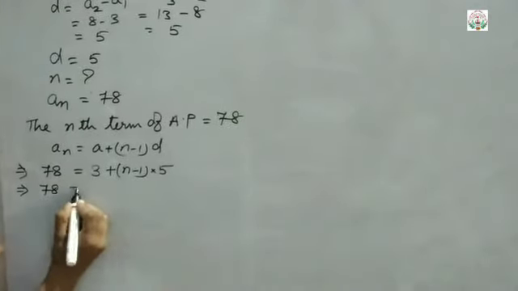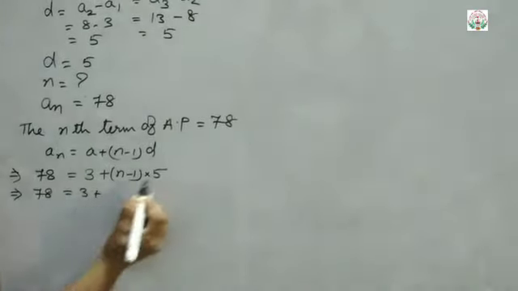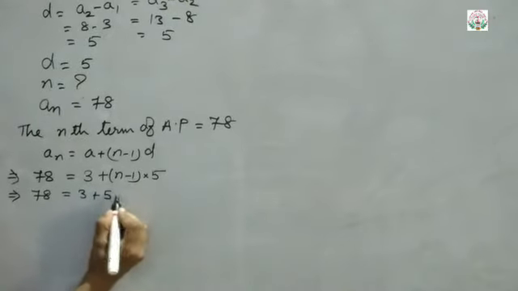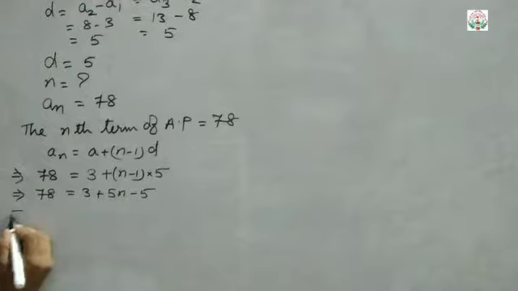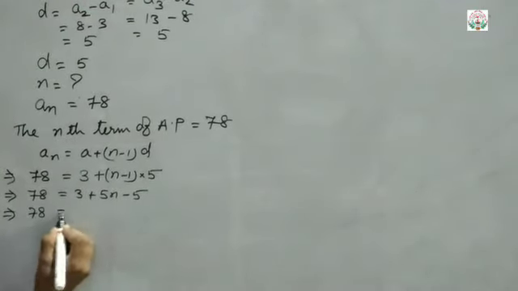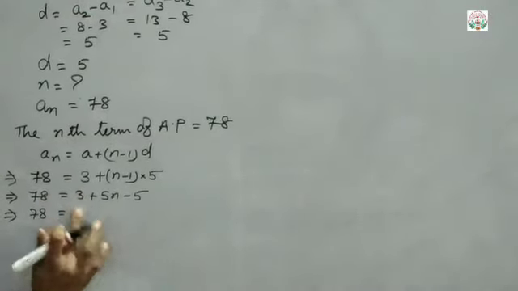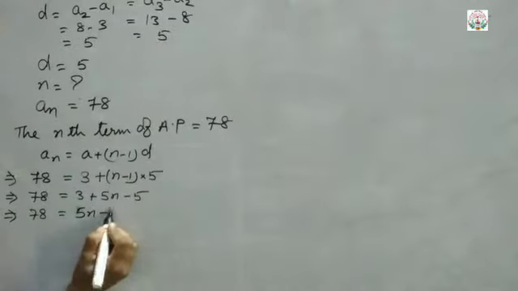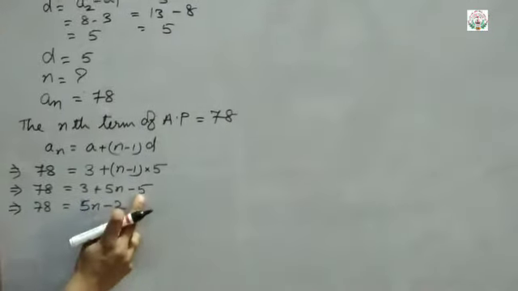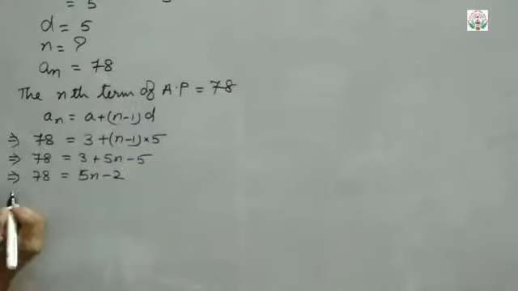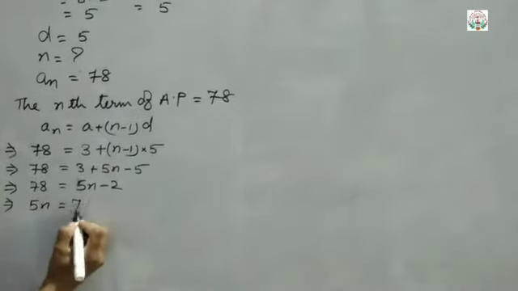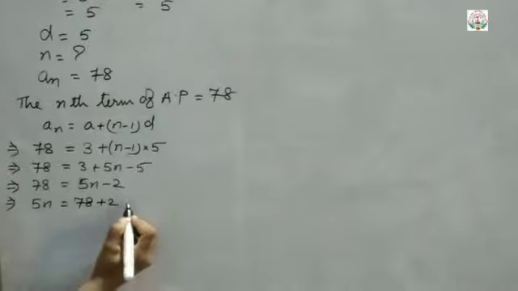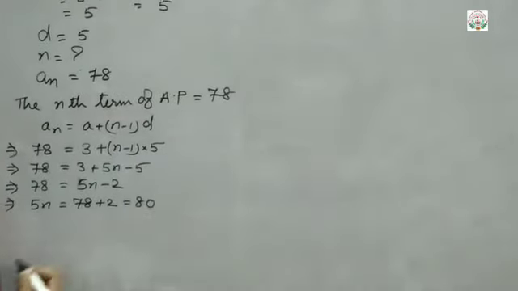Now we have to simplify this. So 78 equals 3 plus 5 multiplied with n and with minus 5. So you will get like this. Now 78 equals 5n minus 2, because plus 3 minus 5 will be minus 2. Now on transposing, what you'll get? 5n equals 78 plus 2, which is 80.